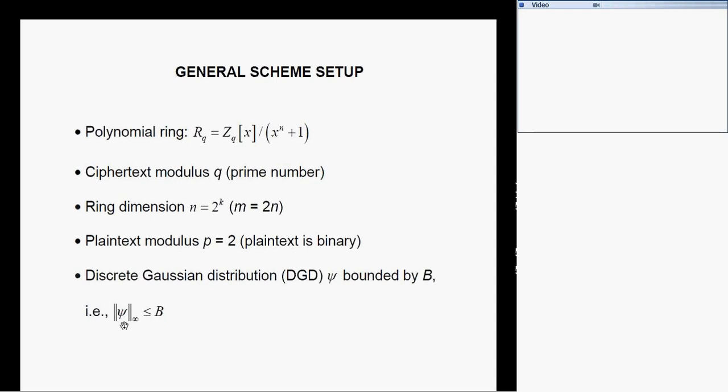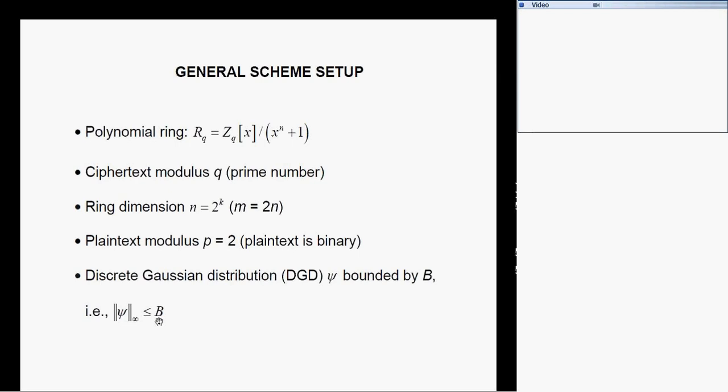Mathematically, the L infinity norm is smaller than or equal to b, so each coefficient will not exceed that upper bound b, simply speaking. That's why we're considering the case of bounded Gaussian distribution.